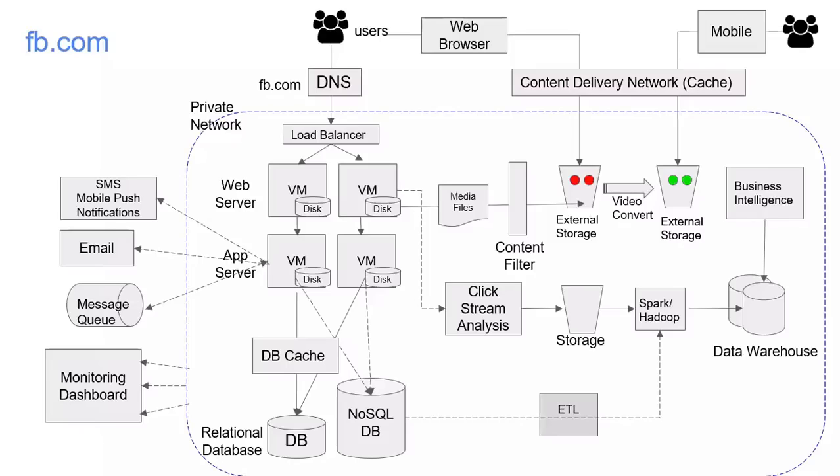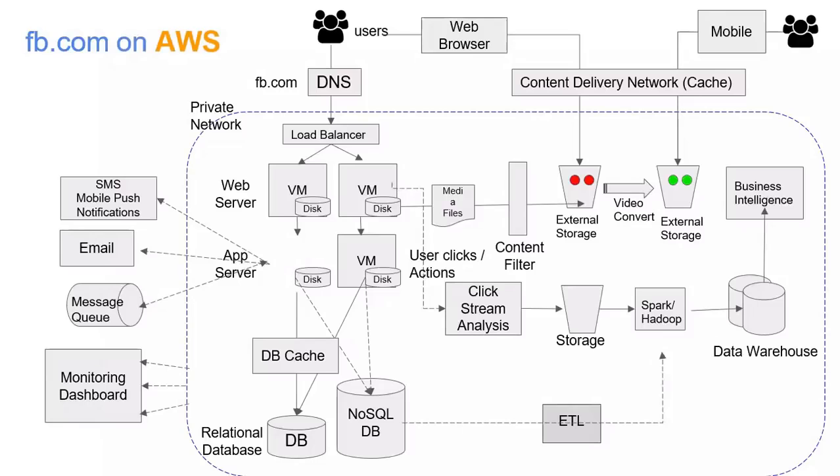And now let's see, if we want to do the same thing on AWS, how we will do this. First thing, this private network that you see here is called a VPC, Virtual Private Cloud, in the AWS world.